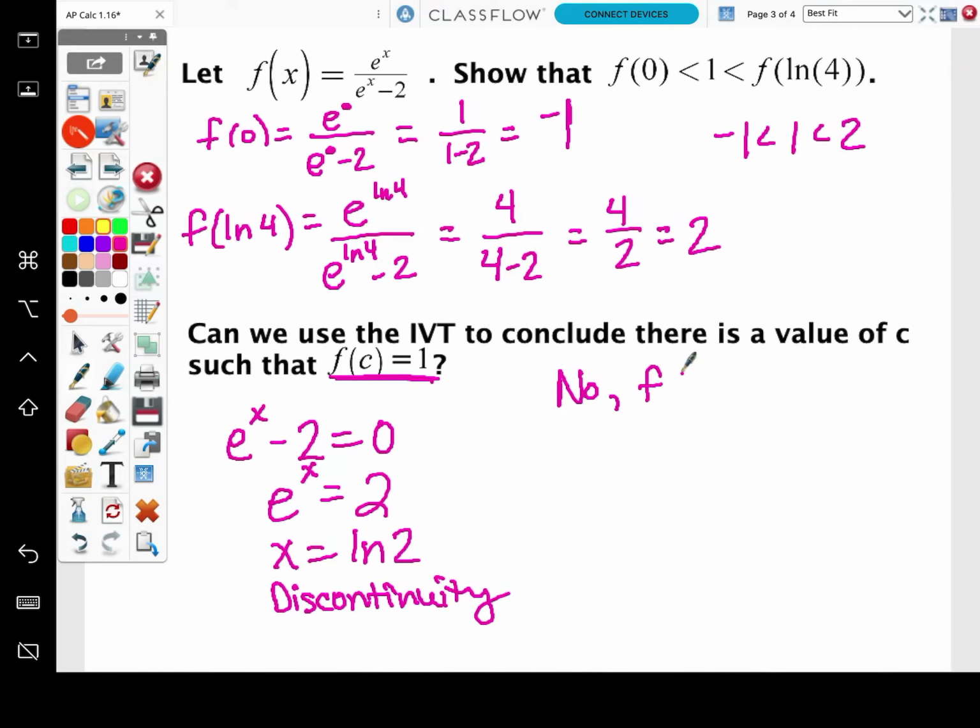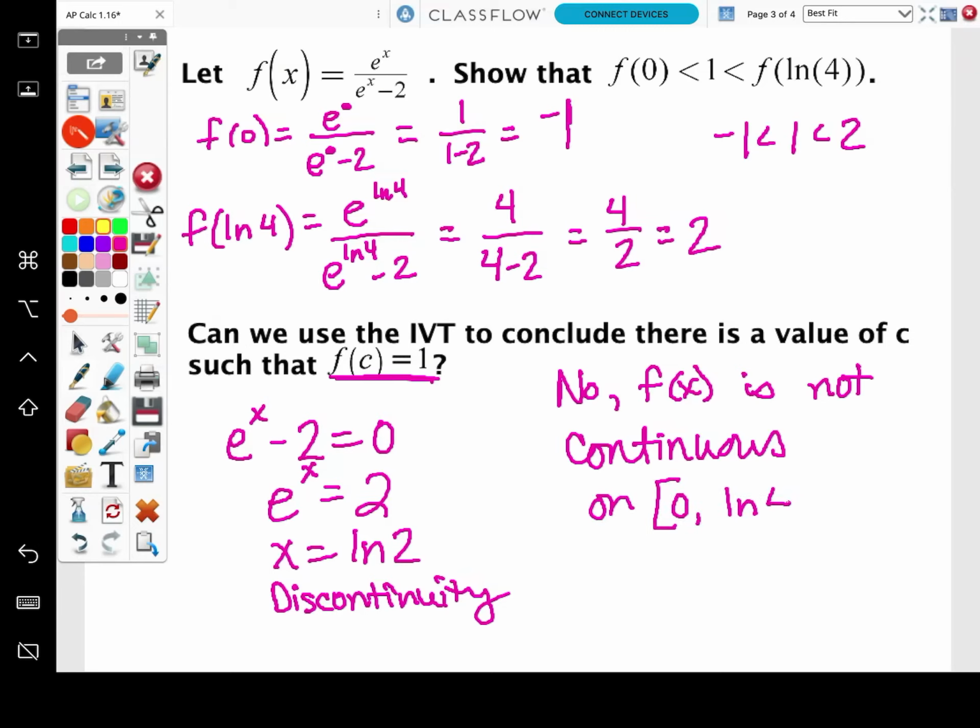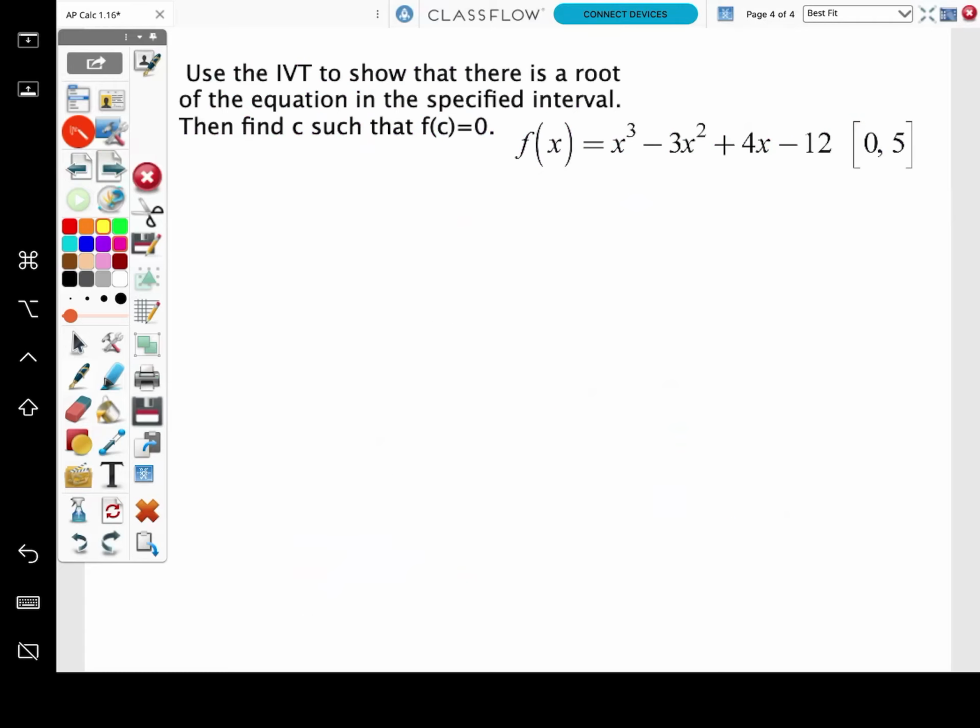No. So the answer here is no, because f of x is not continuous on the closed interval from 0 to natural log 4. Okay, so we cannot use IVT. Awesome.